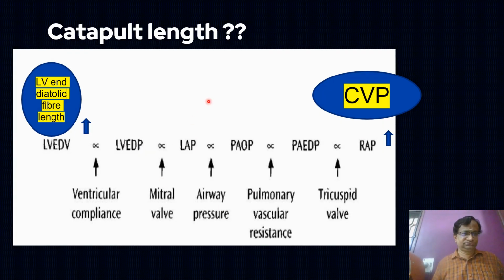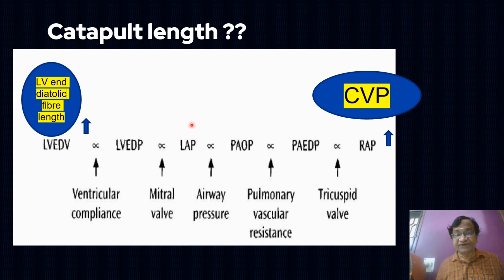Now what is the catapult length? The left ventricular end diastolic fiber length, which is determined by end diastolic left ventricular volume. There the ventricular compliance matters. The LVEDP, left ventricular end diastolic pressure, is proportional to LAP, left atrial pressure, only if the mitral valve is normal.